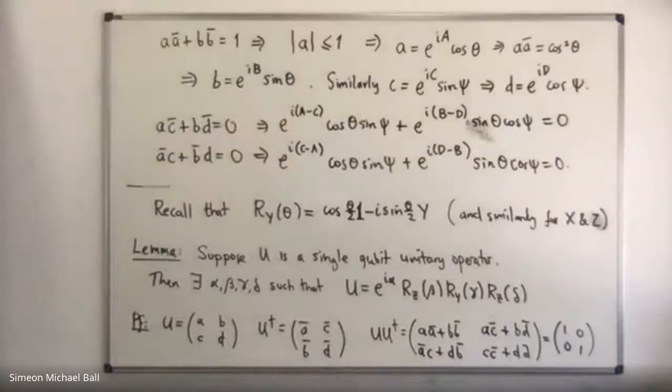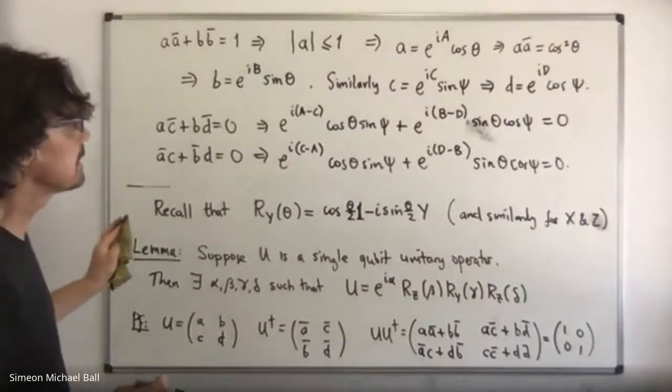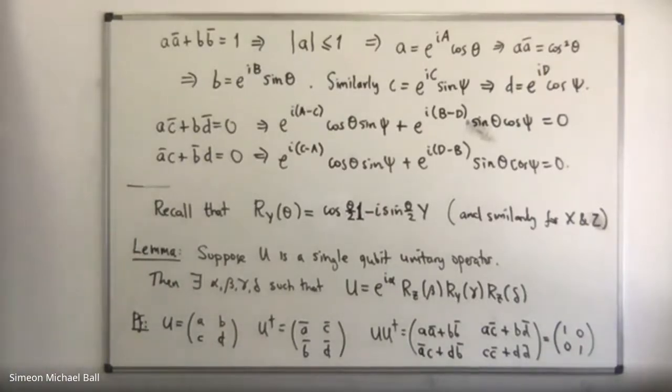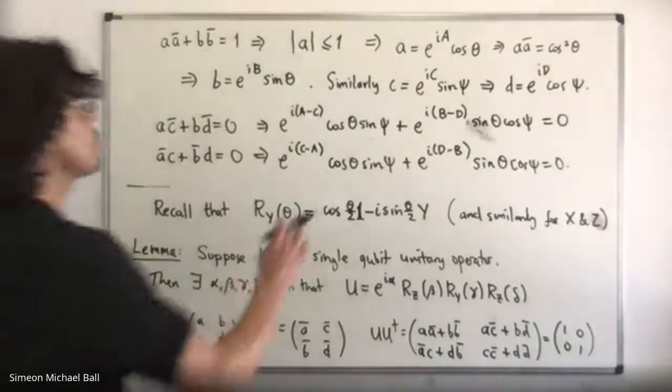Right, so I've got two equations, and here I have a minus. Why have I got a minus here? Because I can arbitrarily choose this.